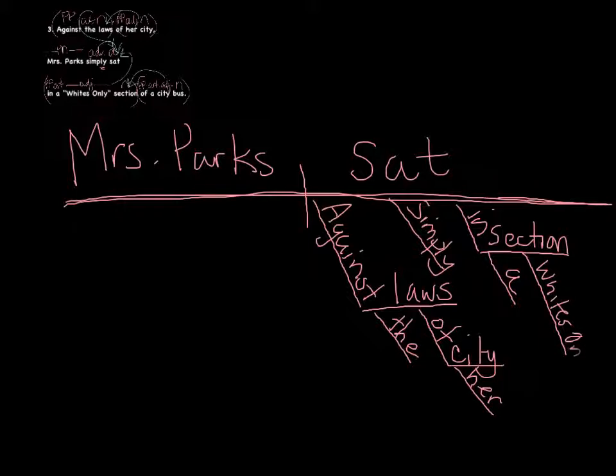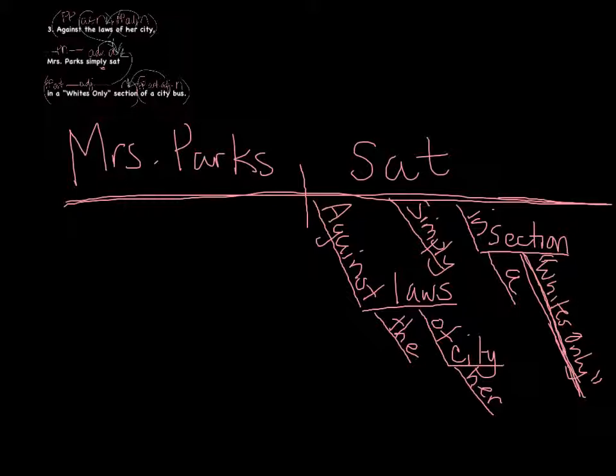Now I told you earlier that capitalization did matter on a diagram. Punctuation doesn't matter. You don't have to put a period or a question mark or anything like that. But I am going to go ahead and put these quotations here because it indicates that this is a quote, and therefore I don't have two separate words with two separate functions.